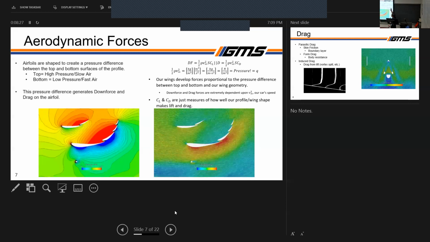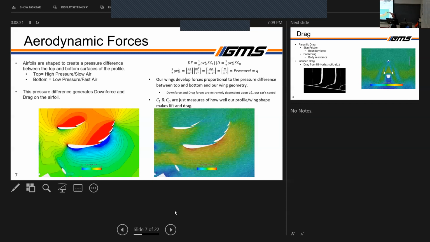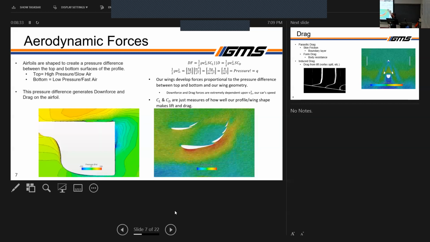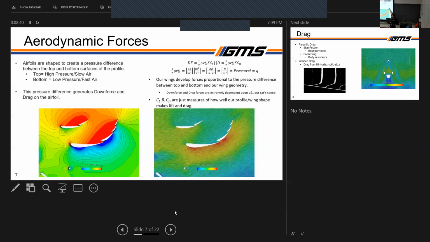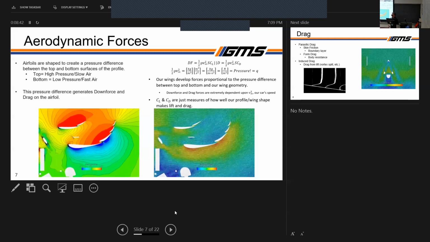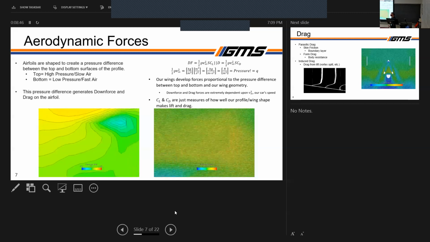You can also see these equations up here are essentially the equations of downforce and drag. We see that the downforce of our package and our drag are proportional to the velocity squared of our car, which represents our airspeed, but we also assume that our airspeed is about analogous to our car's velocity.